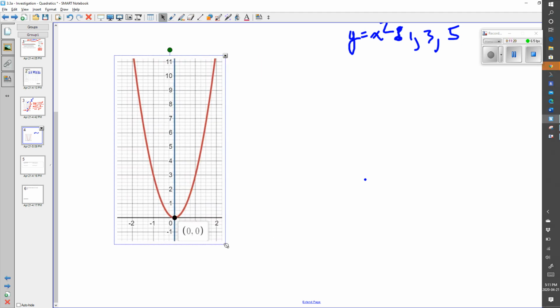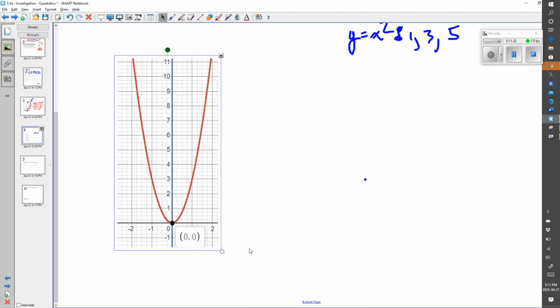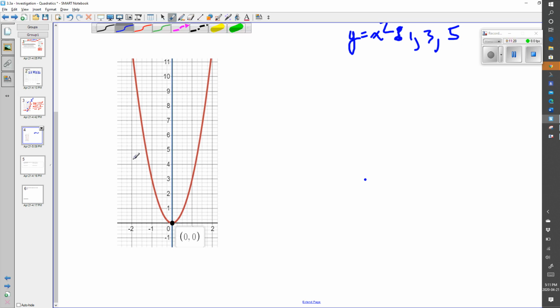So when you look at the graph, if I basically take the graph and make it squares, the y equals x squared graph would look something like this. I'm sorry about my bad graphing. It would look something like this.